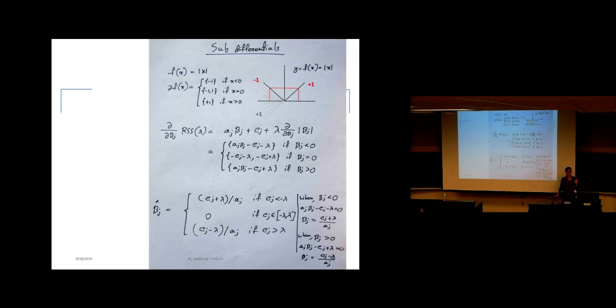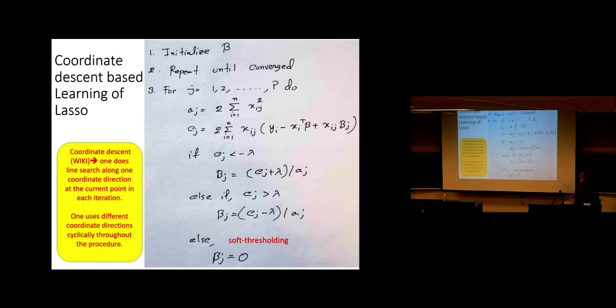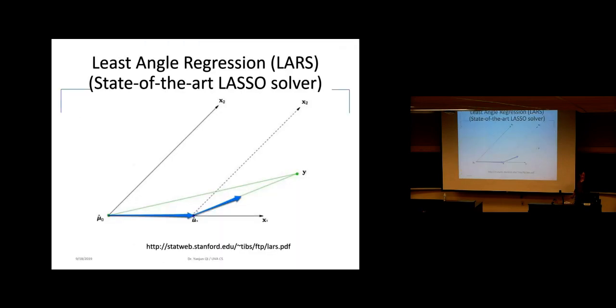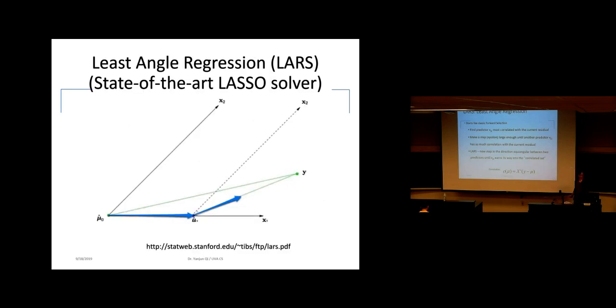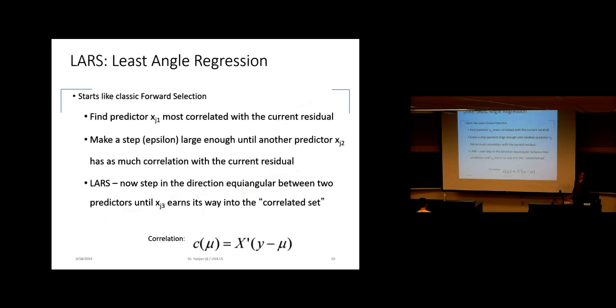That's how a lot of the entries of the beta vector got pushed to 0. All right, there's also a state-of-the-art solution called least angle regression, which we're not going to cover, but there's a more intuitive figure.